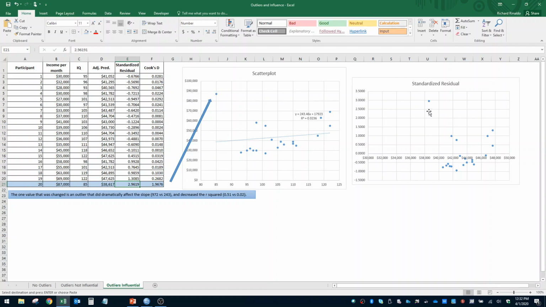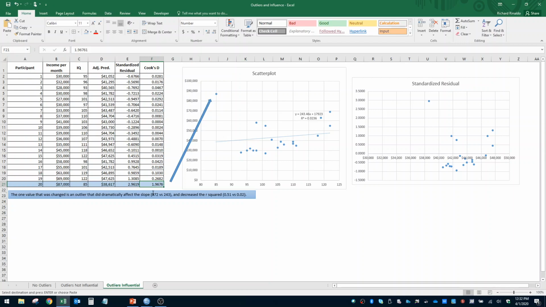And what I can really see is the Cook's D. When I take this person out of the regression equation, that regression equation stabilizes, and that influence is gone. And that's why my Cook's D, any Cook's D greater than 1 is cause for concern.